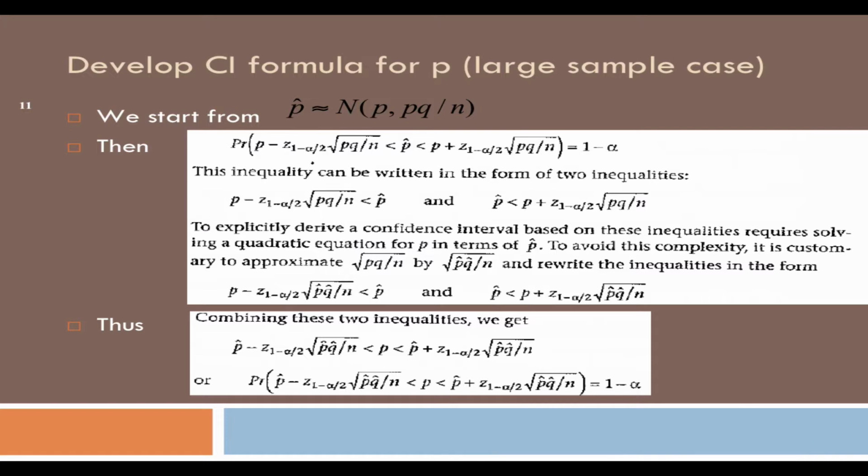And we know that P hat has this normal distribution. So we can transform P hat by the standardization procedure that we learned in the first lecture. So if P hat is this normal distribution, then P hat subtract mean divided by the standard error, this whole random variable, should follow a Z distribution, right?